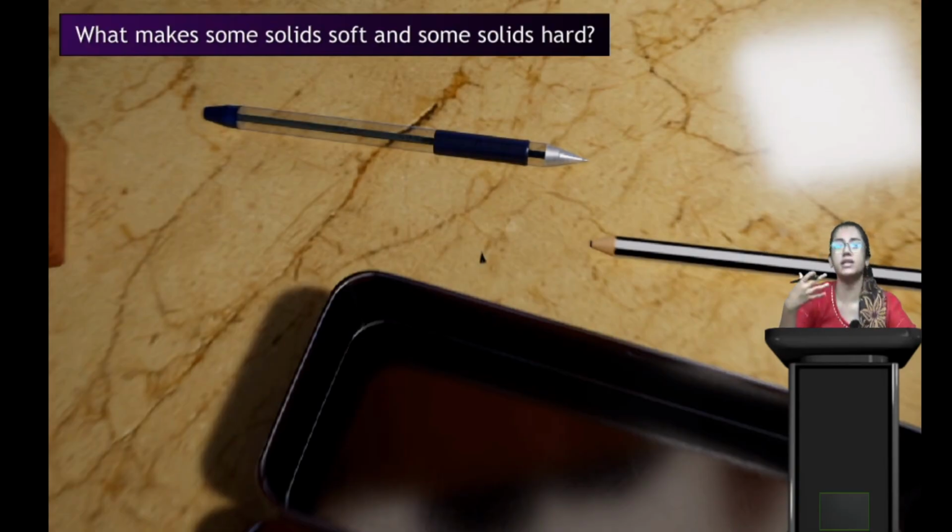Some solids we can change their shapes or sizes, but in case of some others we are not able to change their sizes, isn't it? So the question here is: some solids are soft and some solids are hard. Let's try to find out.